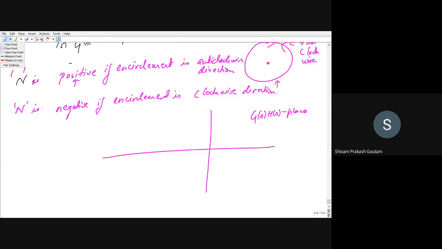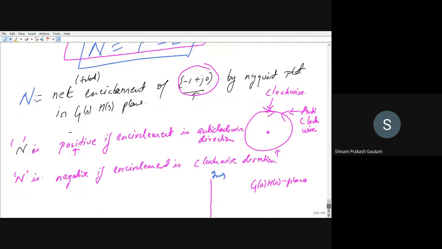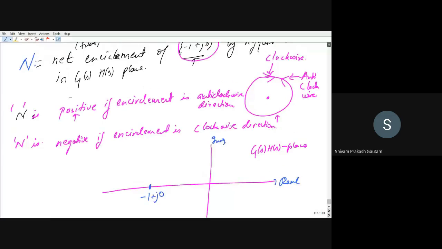Now, where will the -1 plus j0 point lie? This is our imaginary axis. This is our real axis. -1 plus j0 will lie somewhere here. This is the -1 plus j0 point. So this talks about the net encirclement of the -1 plus j0 point in the GS HS plane.